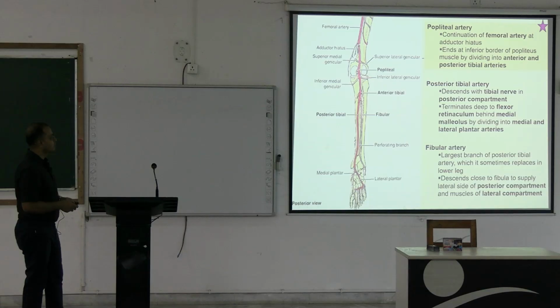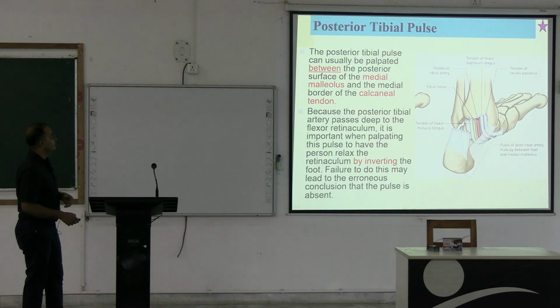On the back side we have the popliteal artery, which splits into the posterior tibial and anterior tibial arteries. The posterior tibial remains on the back side, while the anterior tibial moves to the front side and supplies likewise. The posterior tibial pulse should be felt at the back side between the medial malleolus, which is present on the front side, and the calcaneum or tendocalcaneal part, at the middle point.